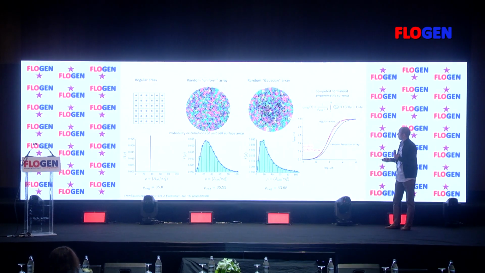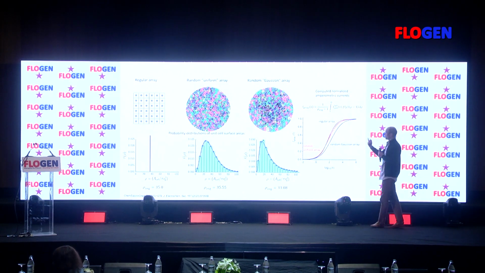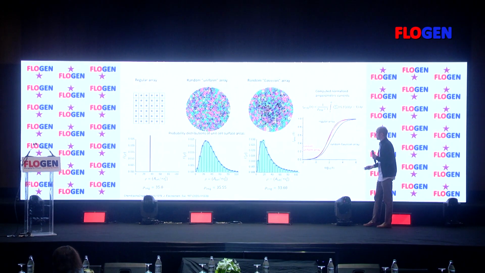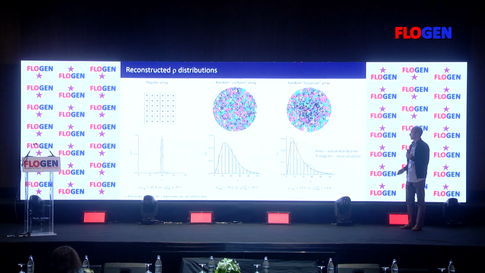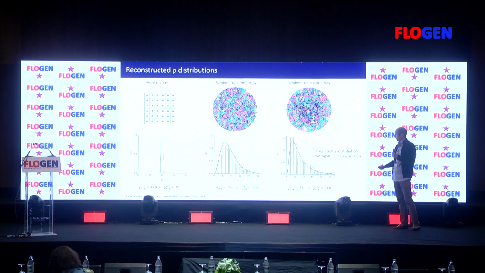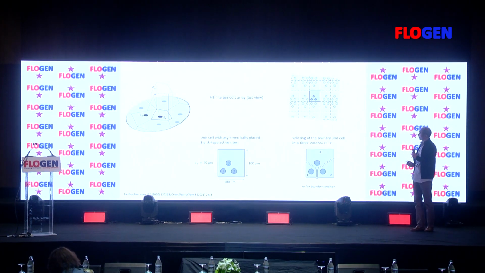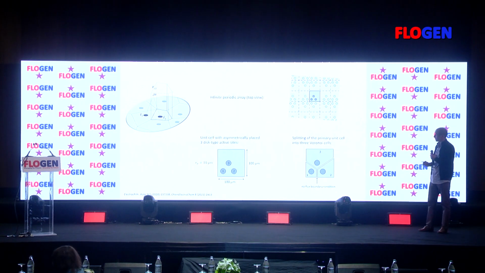And in addition to that, we can go in the reverse direction and basically try to extract this kind of information from the experimental current. So in principle, we show that this is possible. Here you can see the correspondence between the actual distributions and our reconstructions. And okay, this is just to show how we can treat this system.